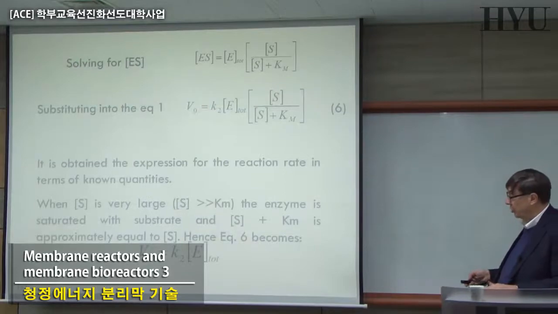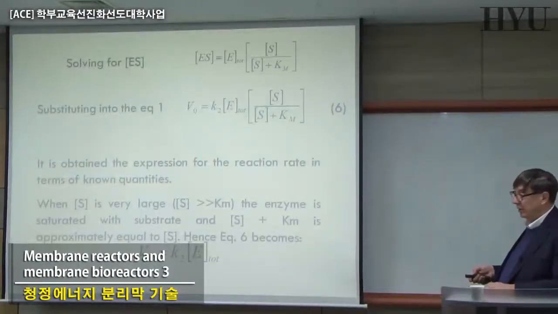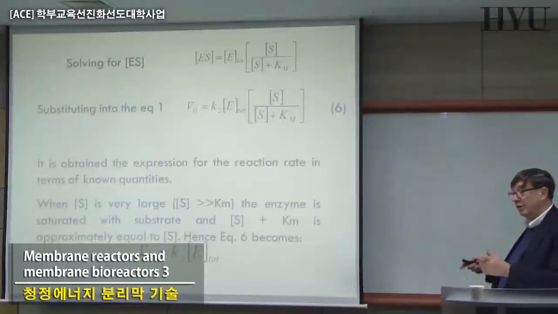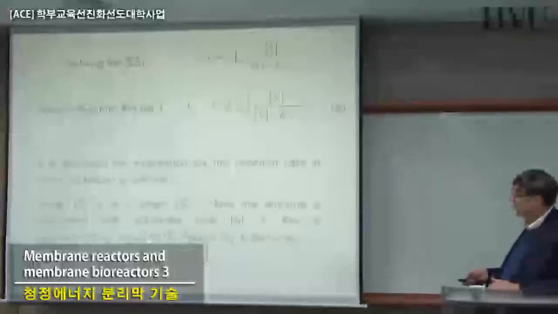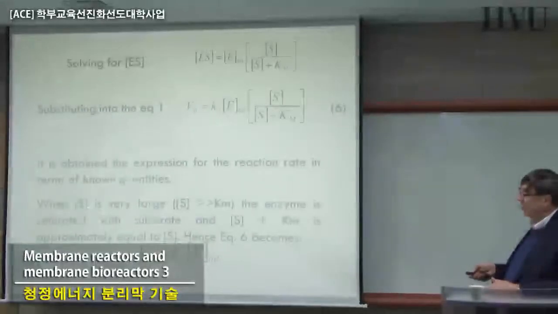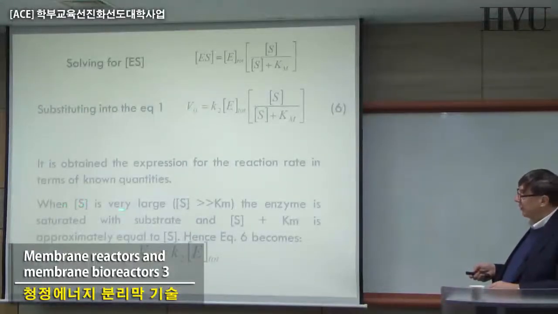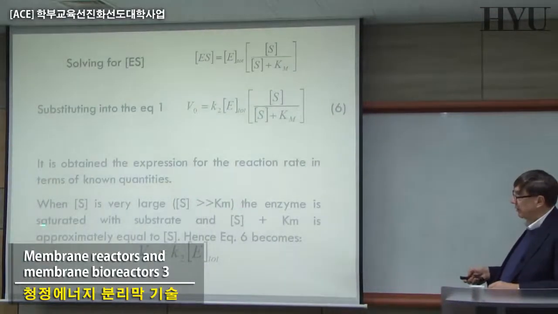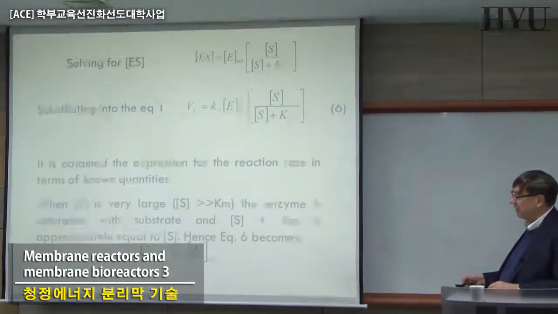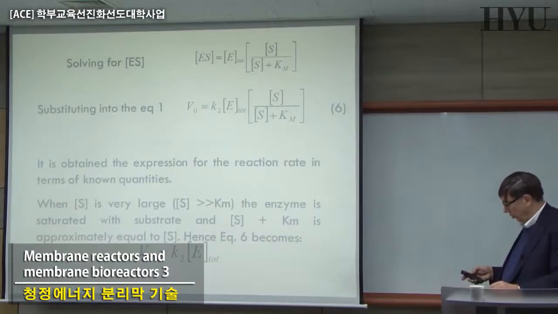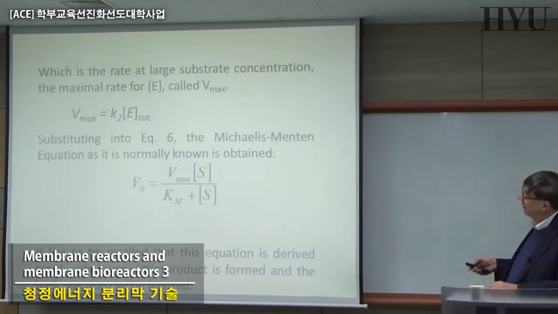And there are situations in which, as we discussed in terms of traditional kinetics, you can have a kinetic control or a diffusion control system, depending on the value of the concentration of the substrate compared to the Michaelis-Menten constant. And the enzyme can be saturated with substrate in some situations, and basically Km is equal to S, the concentration of the substrate, and so the equation becomes just V0 equals K2 times E total, the easier way.